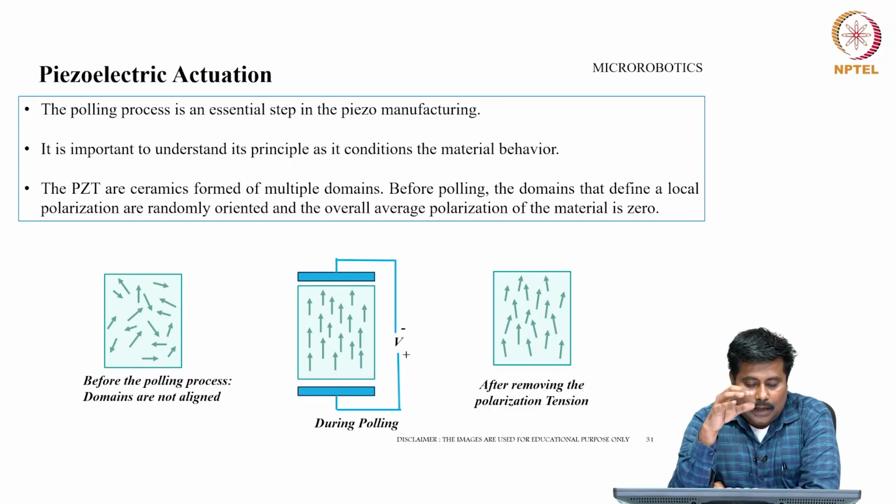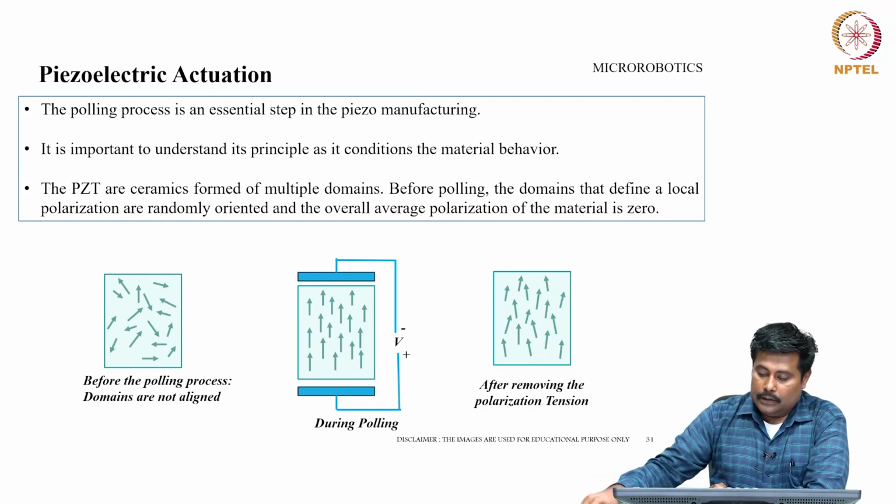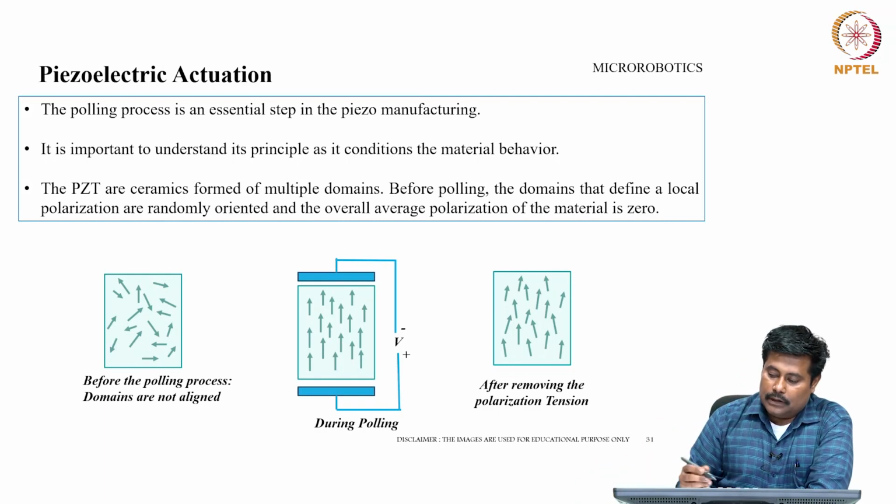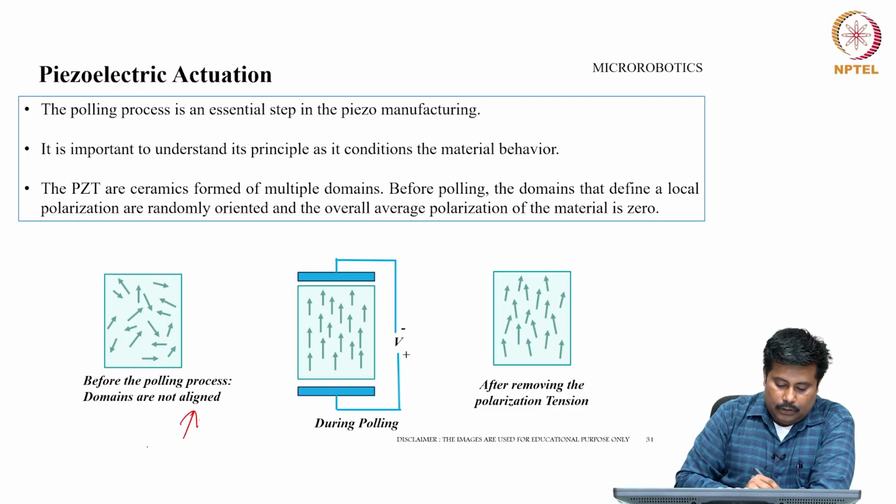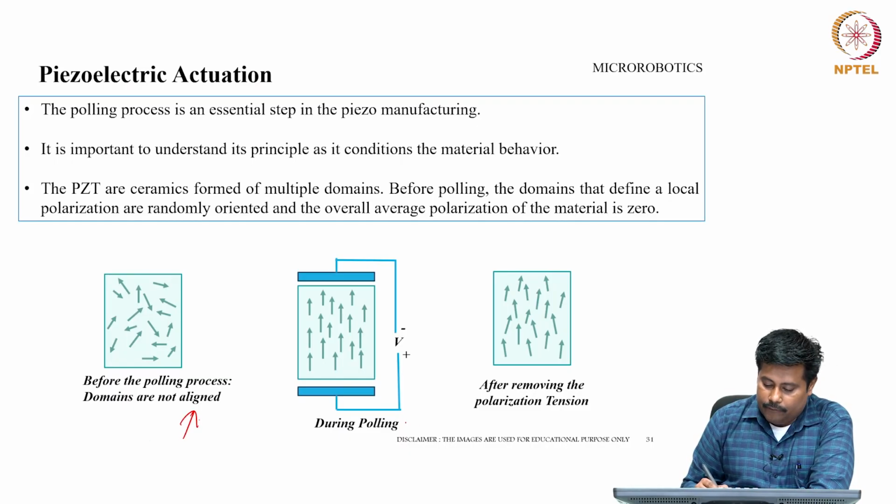PZT ceramics are formed of multiple domains before poling. The domains that define a local polarization are randomly oriented, and the overall average polarization of the material is 0. So, before the poling, the domains are not aligned. However, after the poling, these domains are aligned.